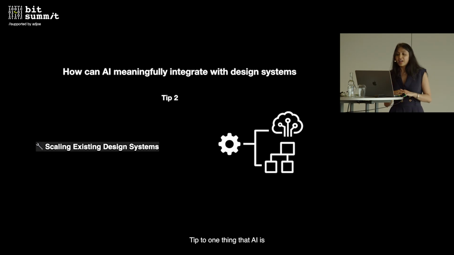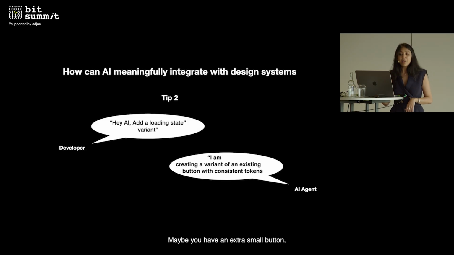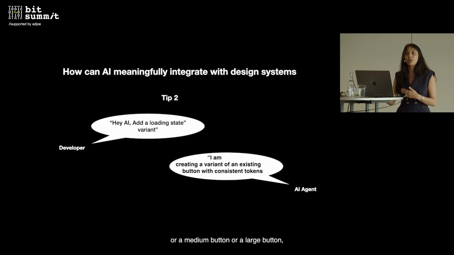Tip 2. One thing that AI is really, really good at is replicating work. And therefore, it can help us in expanding the existing design systems, themes, or maybe localization. Maybe you have an extra small button, or a small button, or a medium button, or a large button, and you want it to create an extra large button for you.